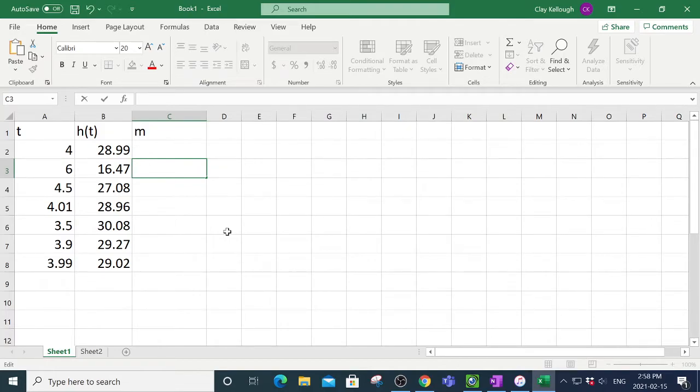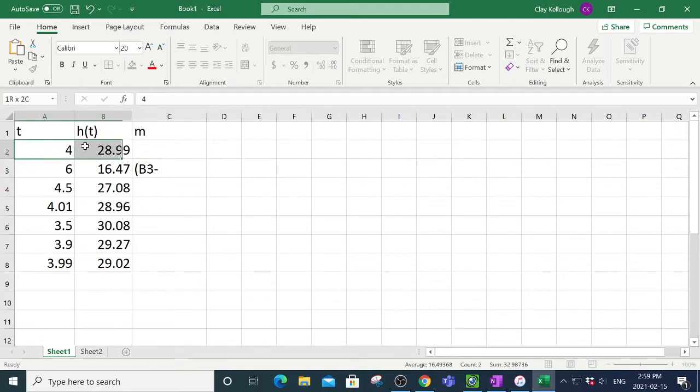Oh, I need a bracket because I'm going to be doing a subtract on top of another subtract. So BEDMAS, need brackets. B3 minus, now, when I want to fill this whole column in, I want the second number in this formula to always be B2. I don't want to shift down to here and then have it go B4 minus B3.